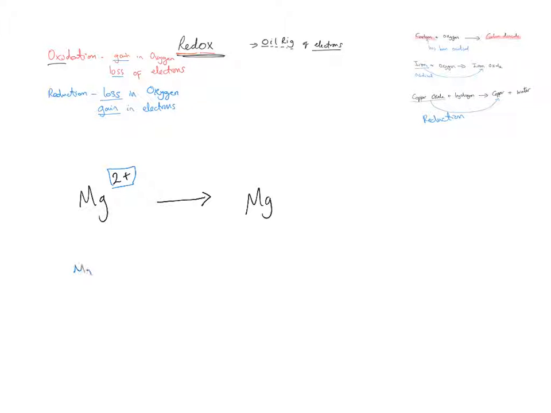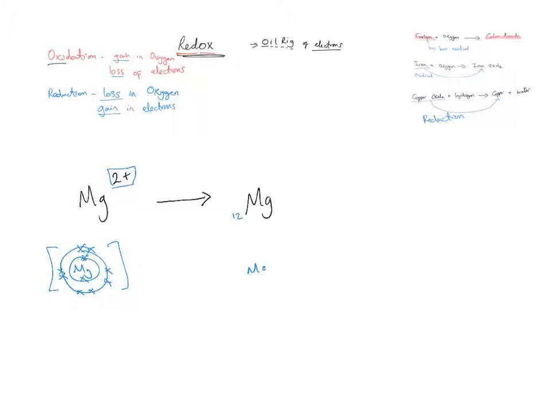So it normally has 12 electrons. This is magnesium 2+. It did have a third shell with 2 electrons on the outside, but it's lost them. Now when it reacts, it turns into the normal atom of magnesium with 12 protons and 12 electrons.